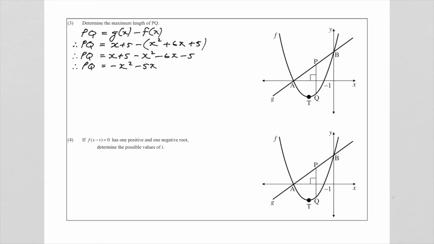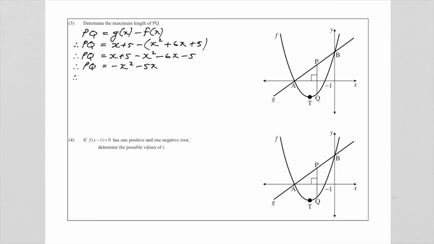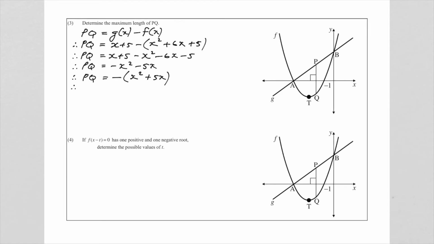So we're going to say that PQ is equal to, and you remember when we complete the square, we take out whatever is with x squared. In this case, it's a minus 1. And we are now left with x squared plus 5x. So we took out the negative now, and now we need to change this binomial into a trinomial, which is a perfect square.